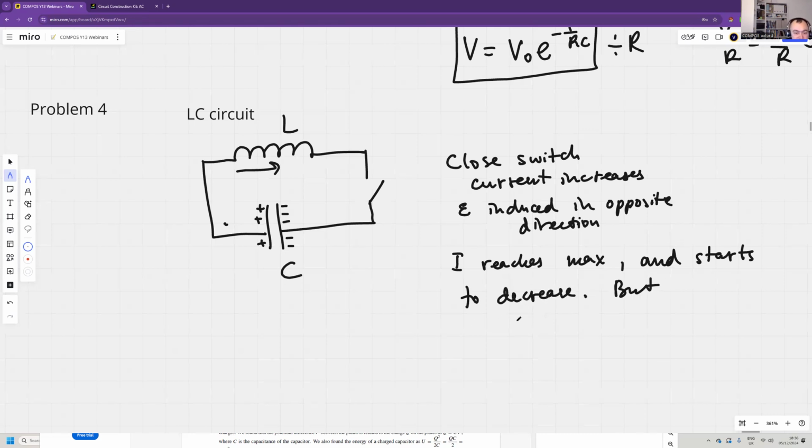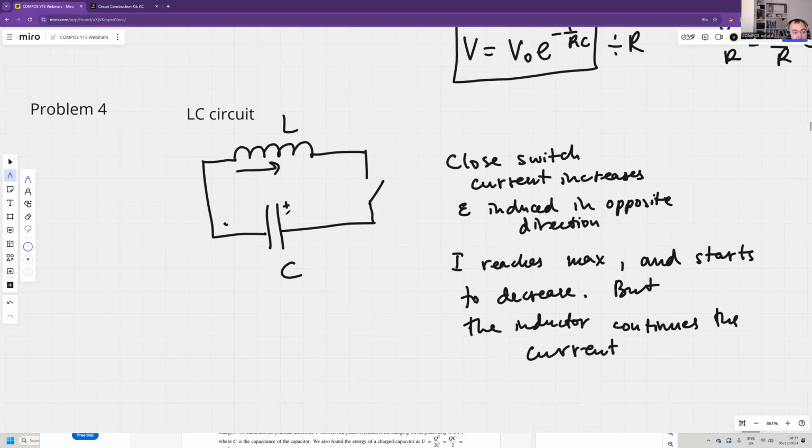But the inductor continues the current. The capacitor is discharged, but the current is still running, and the inductor keeps the current running for longer.